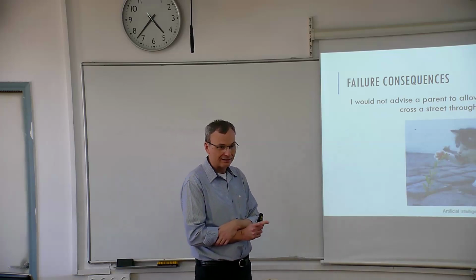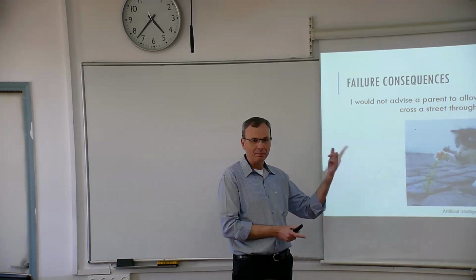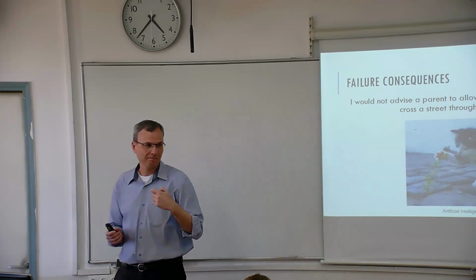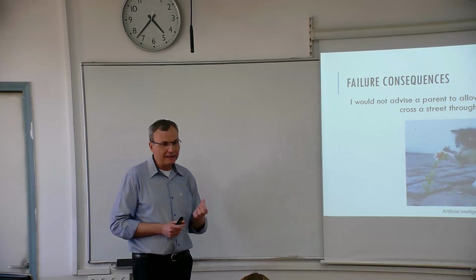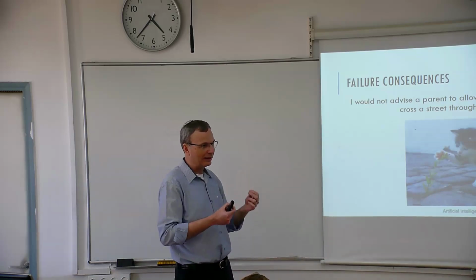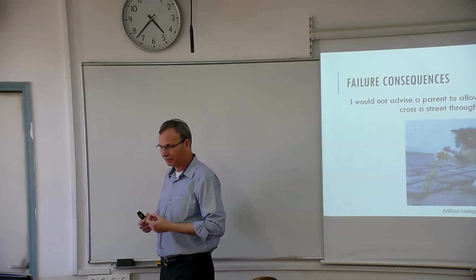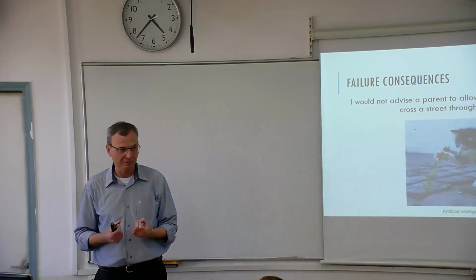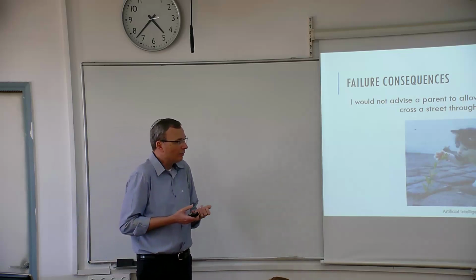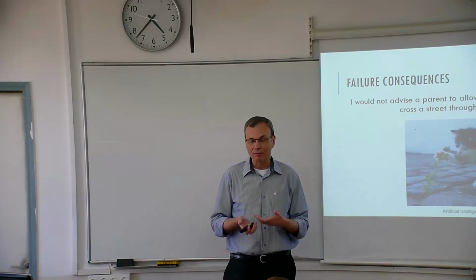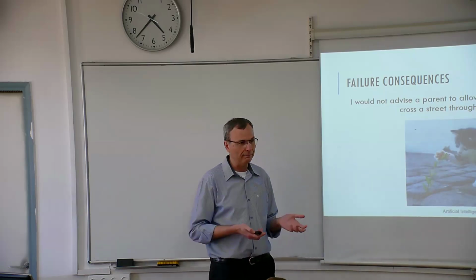Cats do this, and I brought you the picture from before. So this is not a good way to learn if error comes with a huge cost. If you cannot afford to make mistakes, you cannot use the trial and error method.